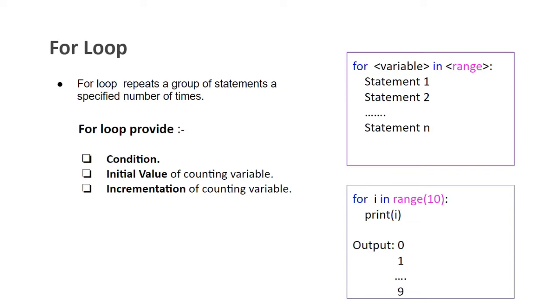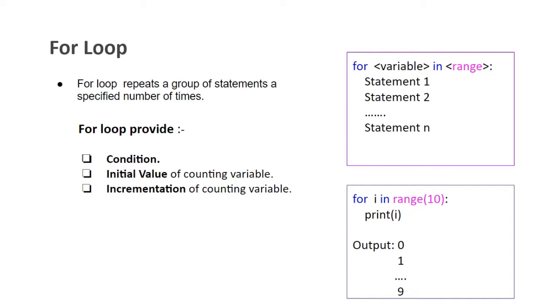Then i will be 1 because in Python for loop automatically increments the value. Then if i is 1 it will check some conditions. In our statement we don't have any conditions, so this whole program will run till 9 and then it will stop automatically.